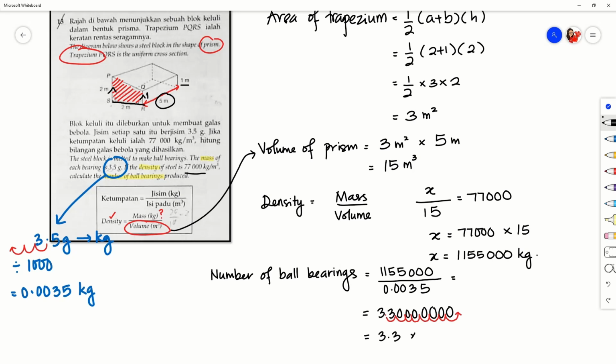So that means I have to times with 10 to the power of 8. So this is your answer. Alright, this is a subjective question, so there's no objective answer to choose from. But this is the correct answer: 3.3 times 10 to the power of 8.